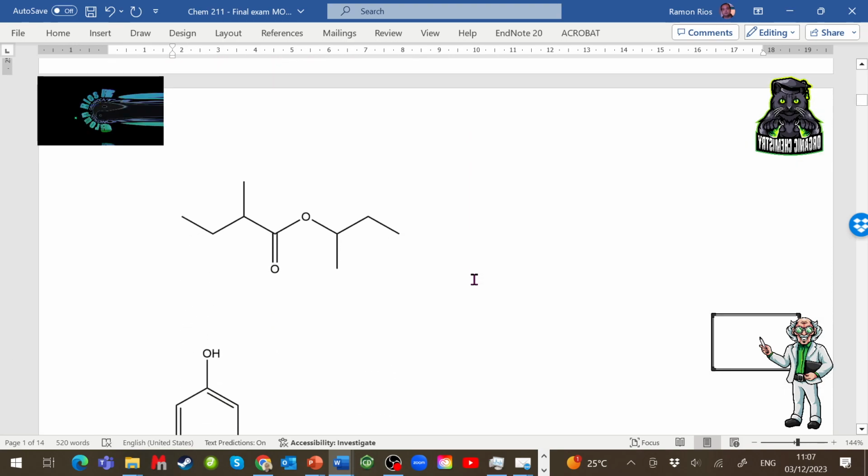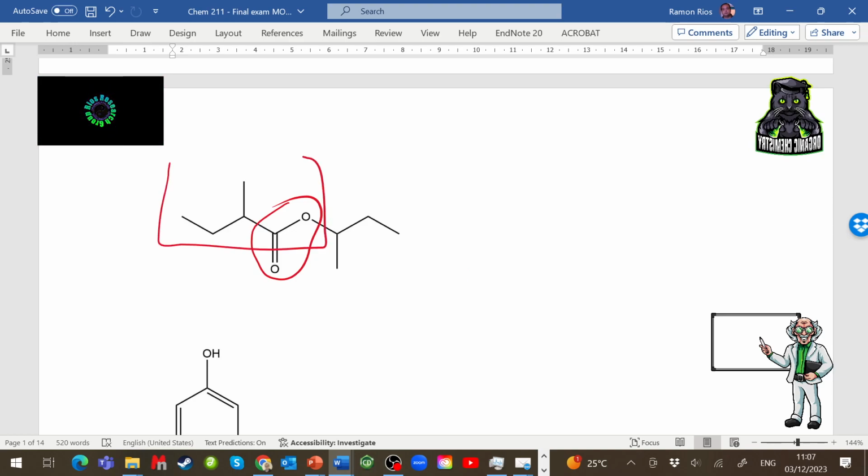Good. Next one. Here, the first thing that we need to identify is that this is an ester. Okay, that means how the ester is called. Basically, we have this part that will have an ending that is -ate, and the other part, after the oxygen of the ester, is named like a substituent.